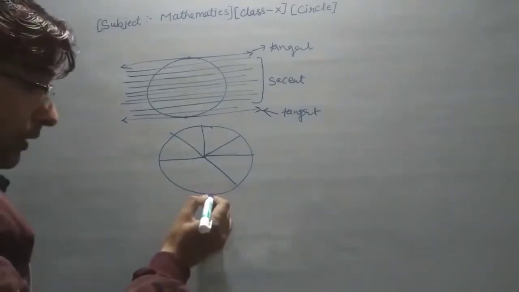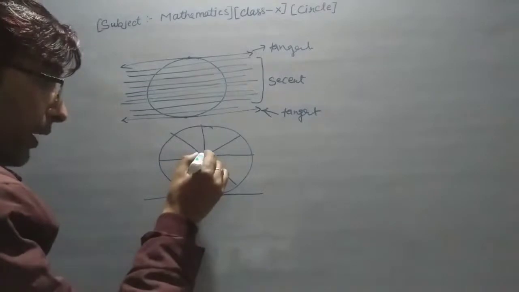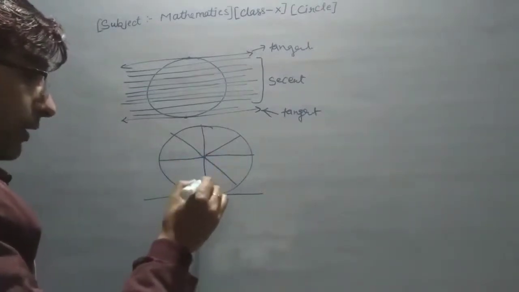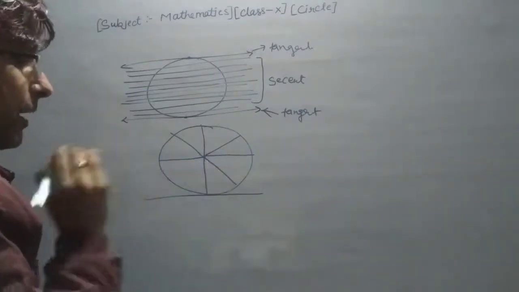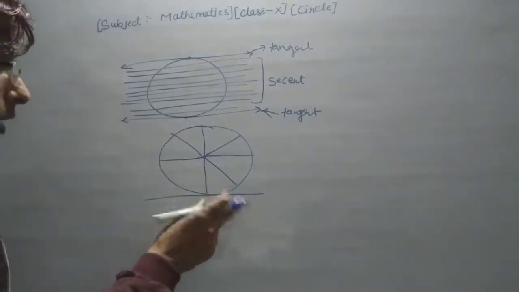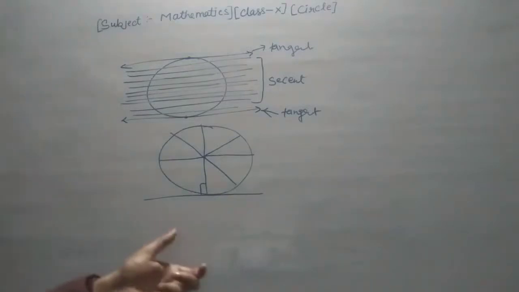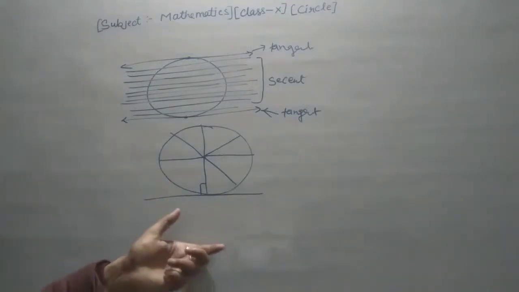But if this is a tangent, then at this point you have to draw a line. This is also known as a radius. This radius is perpendicular to this tangent. Okay, so this is a theorem you use in your exercise.